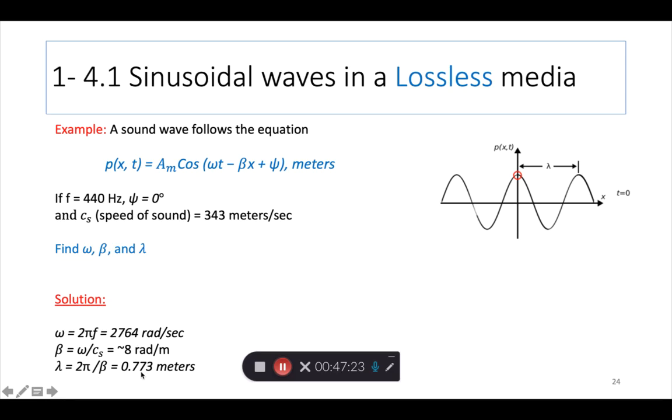So that is 0.773 meters. So this 440 Hertz frequency in air converts to a lambda of 0.773 meters, that's the wavelength, and it has an angular frequency of 2764 and a spatial frequency of 8 radians per meter. So a simple introduction to the actual numbers involved here.